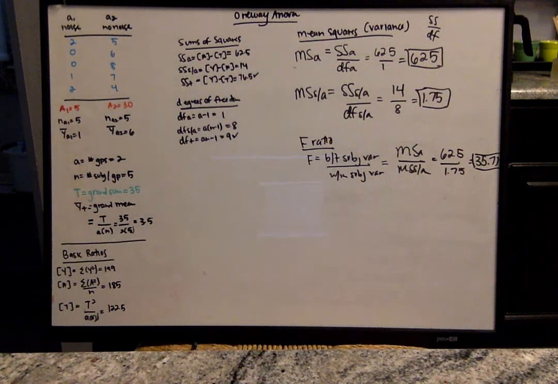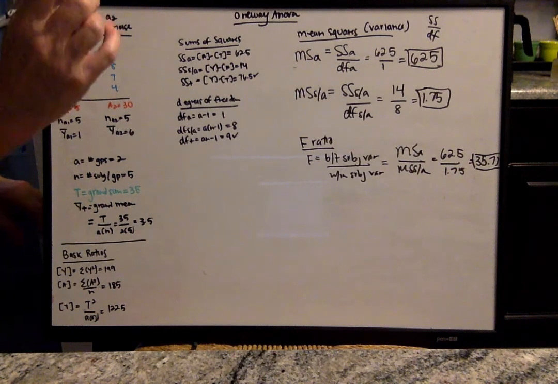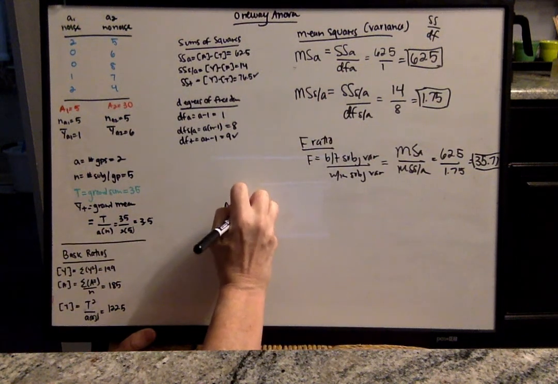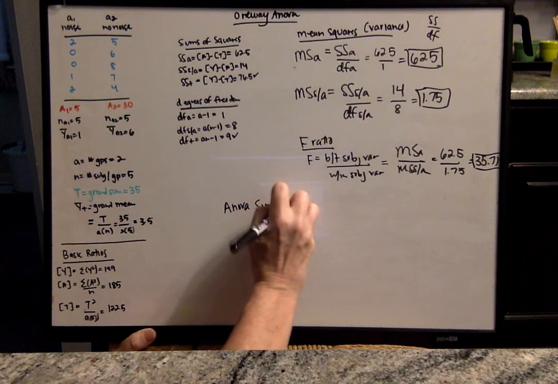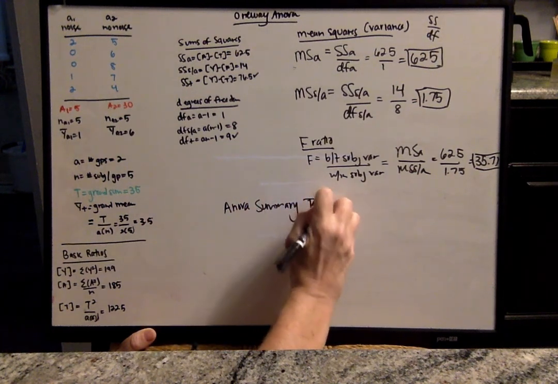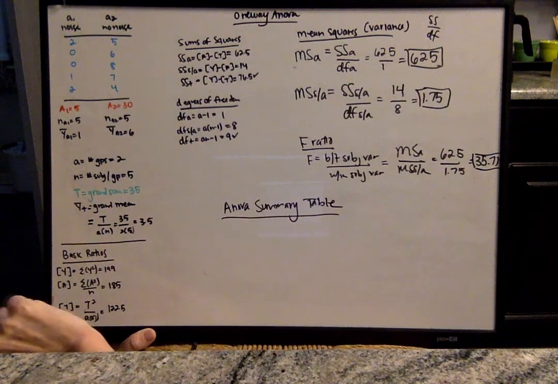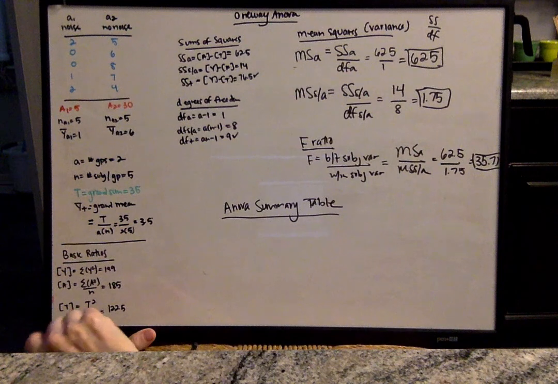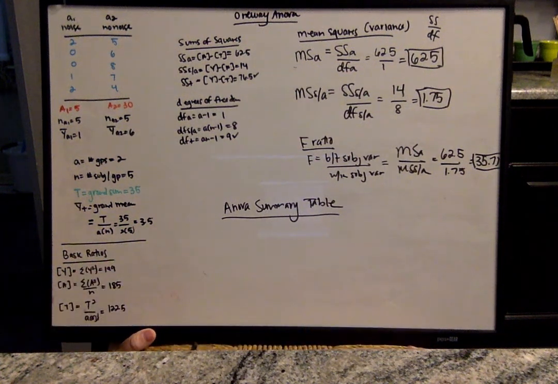Now, before we end, there's one more thing that we're going to do. Whenever we do an ANOVA, regardless of whether it's a one-way ANOVA or one of the other ANOVAs that we're going to cover this semester, we do something at the end, which is called the ANOVA summary table. If you've ever read a research article where they do an ANOVA, if you look in the results section, you might see an ANOVA summary table, because this is the standard way of explaining the results of your ANOVA.